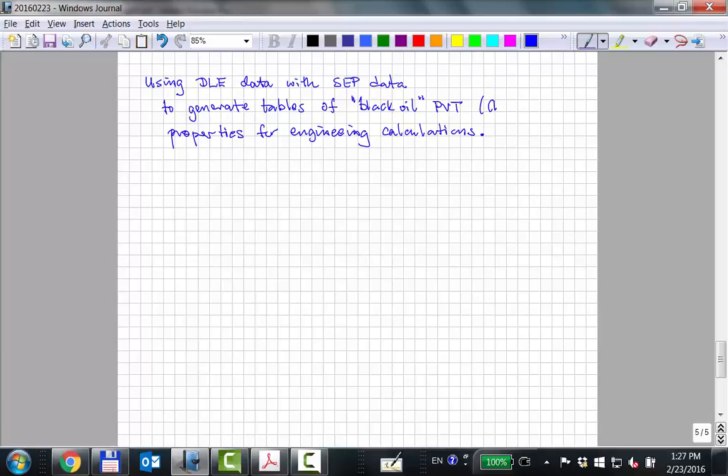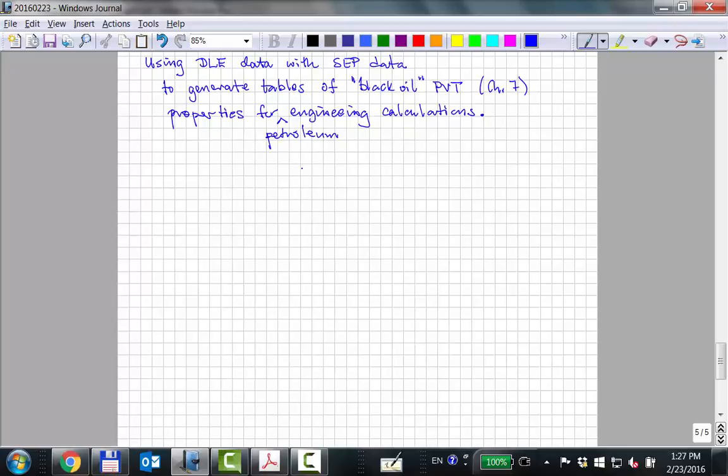This is chapter 7. But for practical purposes, all engineering calculations, and I should probably say petroleum engineering calculations, are based on these black oil tables.